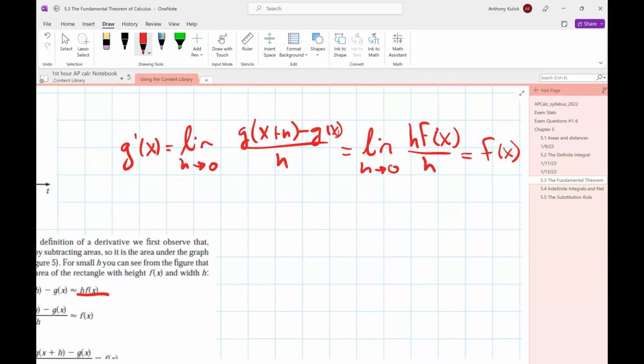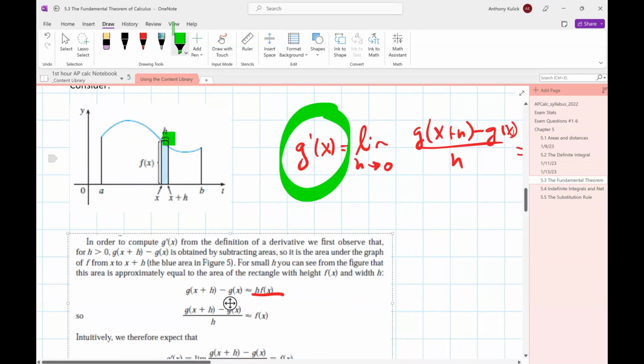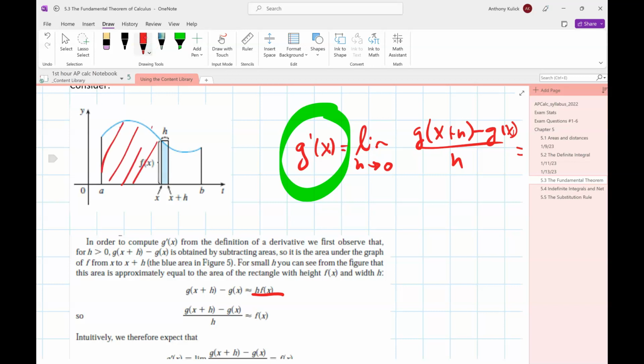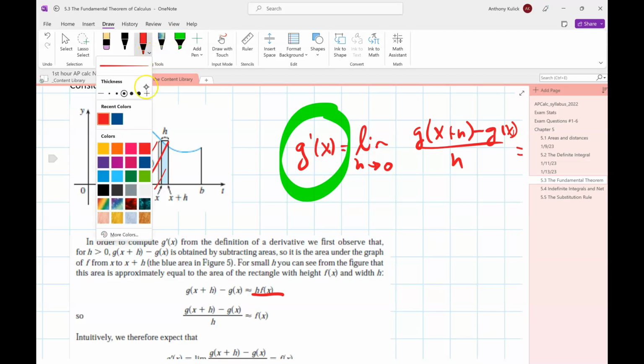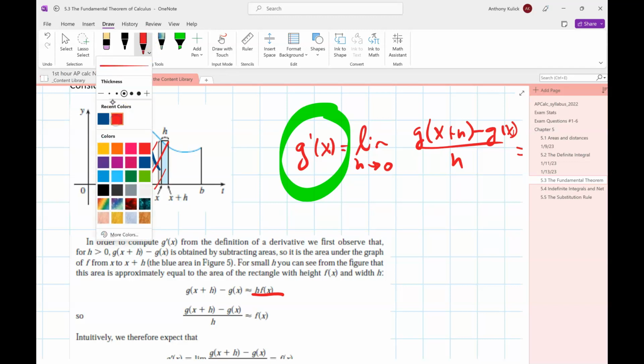So this all simplifies down to f of x. Can you show the step between going from g of x plus h minus g of x to h times f of x? Yeah, this rectangle is g of x plus h minus g of x, right? So g of x plus h is that area, and then we're subtracting off from it this area. Okay, so you're left with just that blue rectangle. I got you. Do you see it now? Yeah.